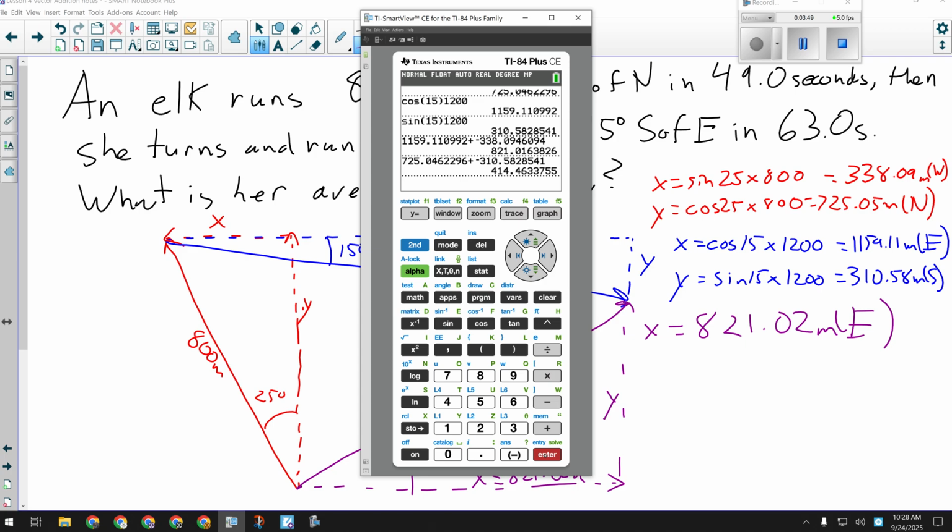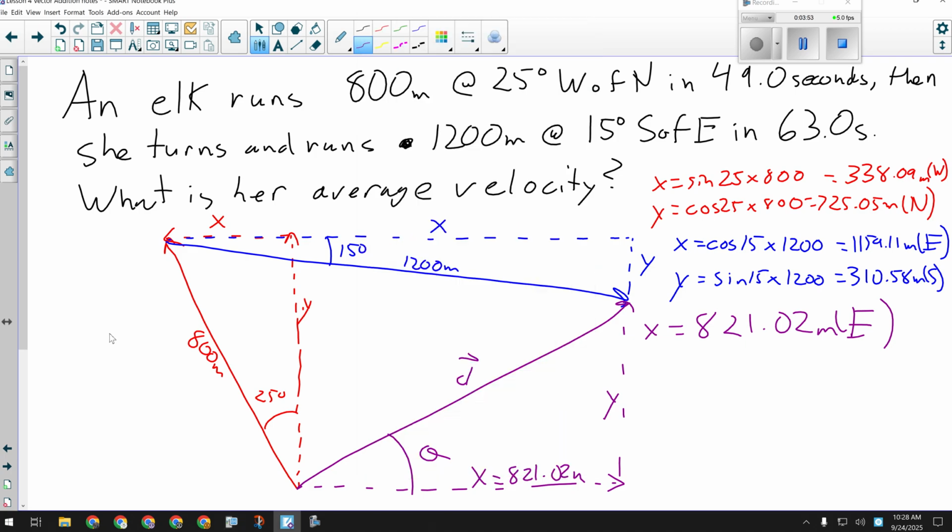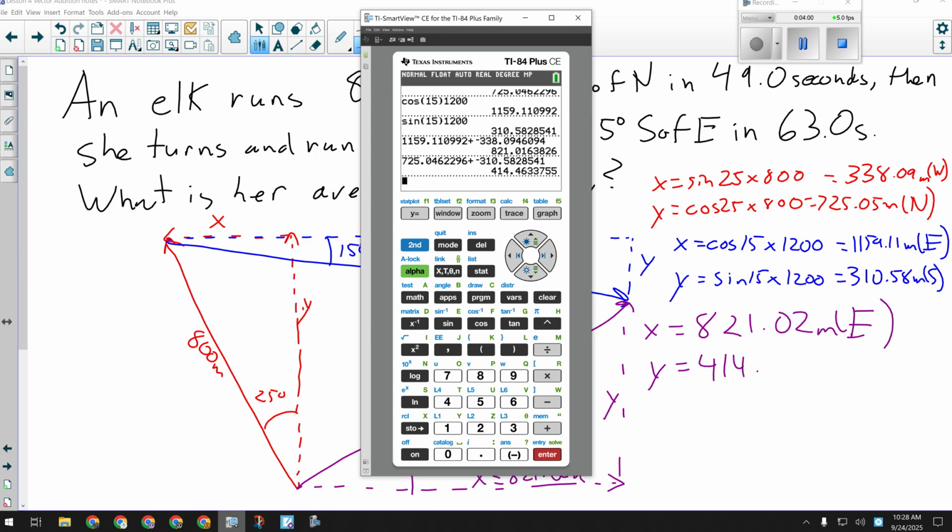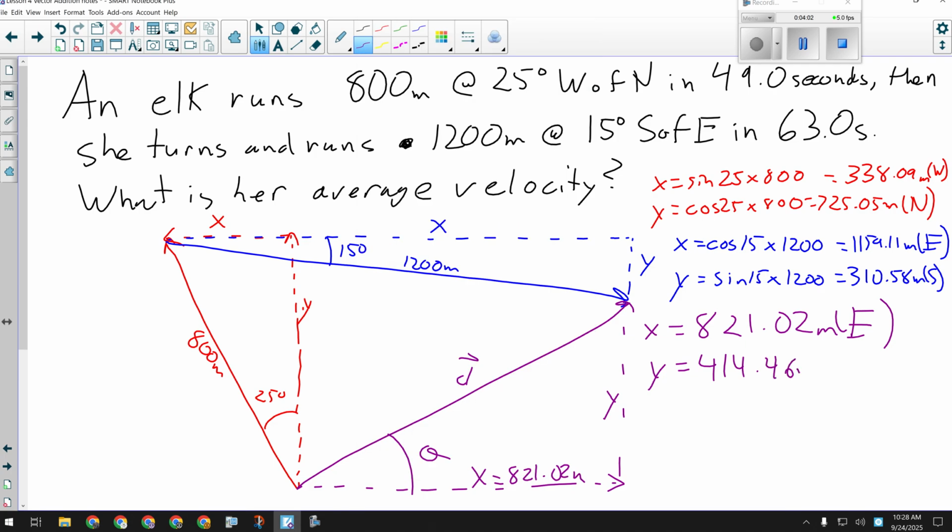So we end up 414.46 meters north. So my triangle ended up okay. It's not perfectly to scale, but it's at least representing what happened.